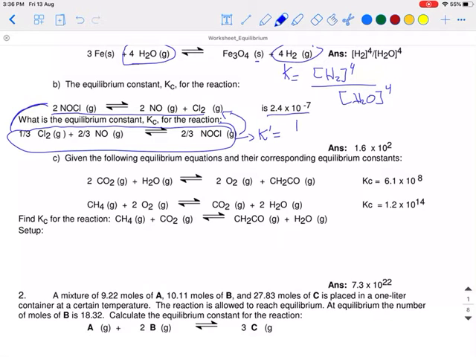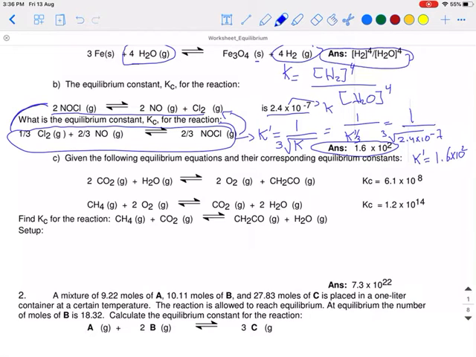Opposite means 1 over K, if this is K. And because it's divided by 3, it will be the cube root. So it will be 1 over K to the power of 1 over 3, or cube root, which is 1 over the cube root of 2.4 times 10 to the negative 7, and K prime, the answer will be 1.6 times 10 to the power of 2. As you see here, there are answers, but I'm solving for you in detail to get to the answer.